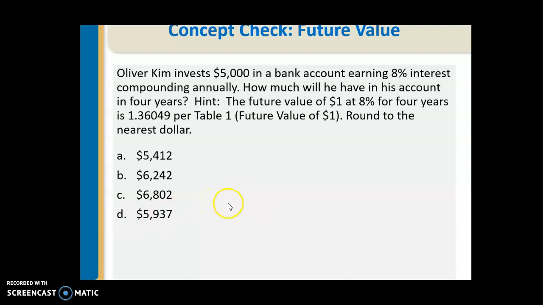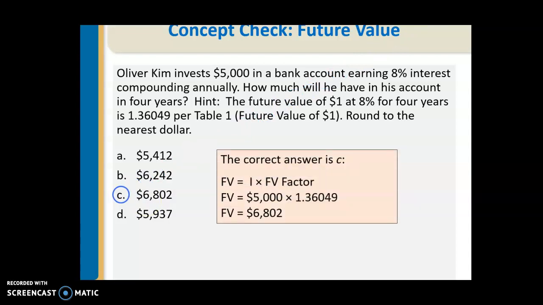Did you calculate $6,802? Answer C. If not, pause the video again and look at the solution that's provided on this slide.